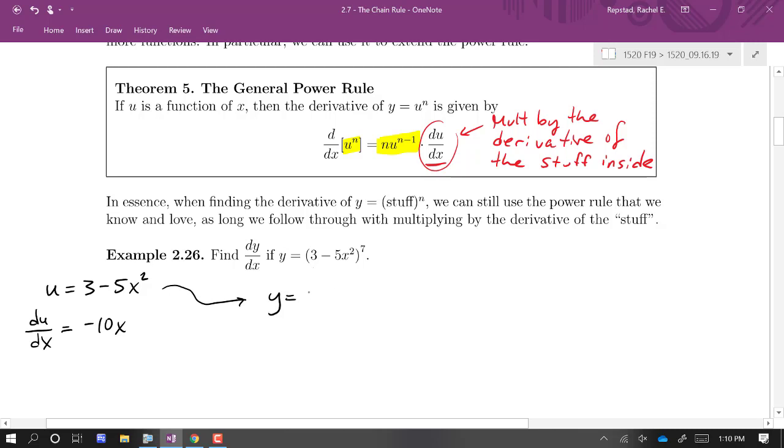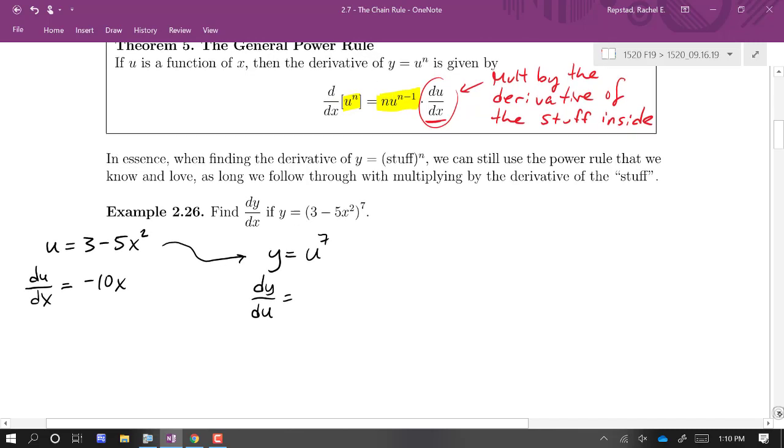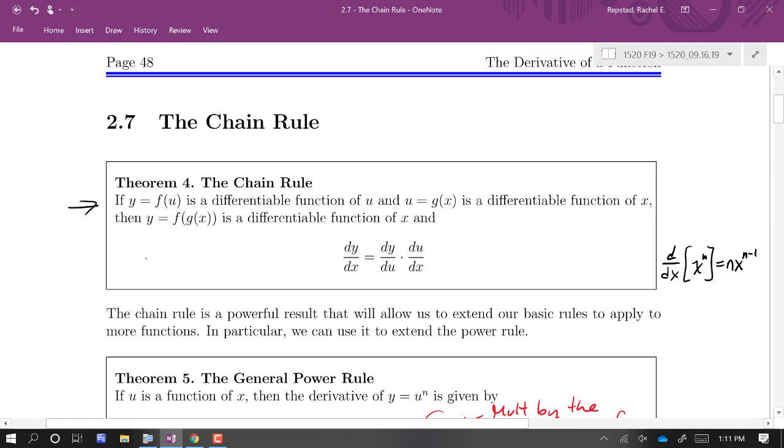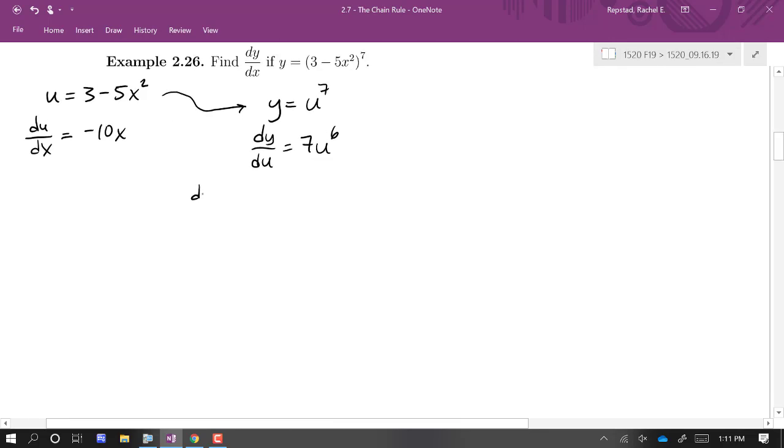Right. So now if u is equal to 3 minus 5x squared, then our function I could rewrite as y equals u to the 7th. And I could certainly find dy du. What is that equal to? 7u to the 6th. I'm just thinking of this as a function of u. So what the chain rule says, and here I'm going to use the general version of the chain rule up here, theorem 4, is that dy dx is equal to dy du times du dx.